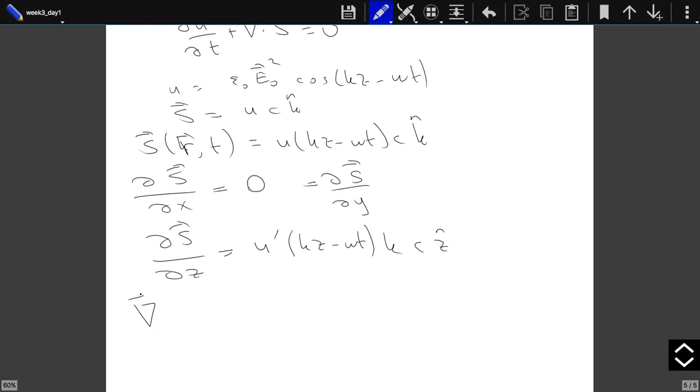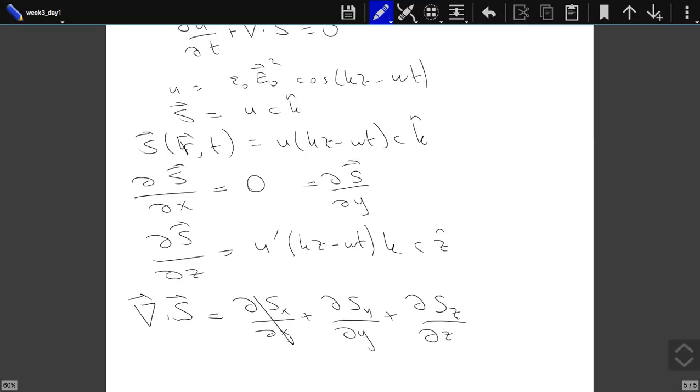Well, the divergence of S is dSx by del x plus del Sy by del y plus del Sz by del z. This is 0. This is 0. This is equal to U prime (kz minus omega t) times kc.